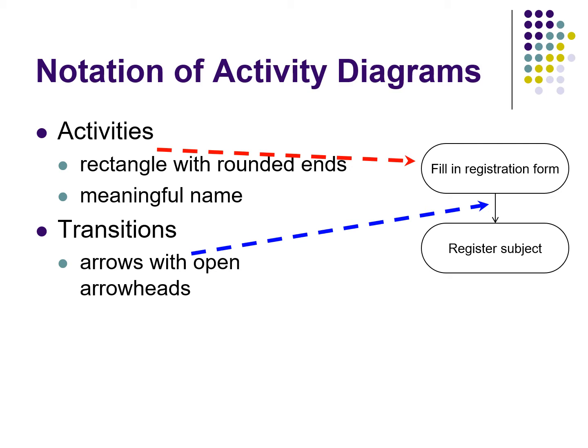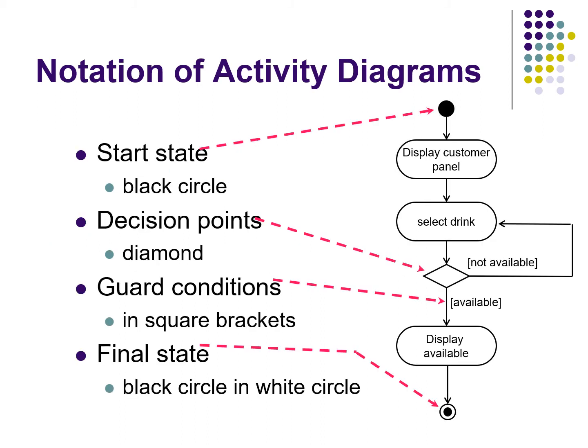Then you have this arrow with an open arrowhead. To begin your activity, you have a start state, and then you have a final state. Along the way, when you are describing the activities, maybe there is some decision that needs to be made, maybe in the form of an if-else statement.